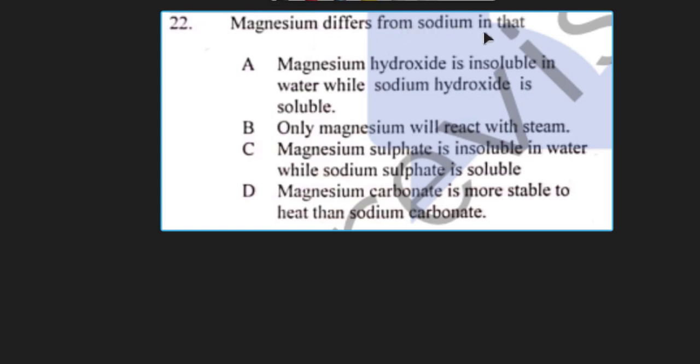Question number 22. Magnesium differs from sodium in that, they say A, magnesium hydroxide is insoluble in water while sodium hydroxide is soluble. They say B, only magnesium will react with steam. Of course not. C, magnesium sulfate is insoluble in water while sodium sulfate is soluble, which is not true. D, magnesium carbonate is more stable to heat than sodium carbonate. Of course not.